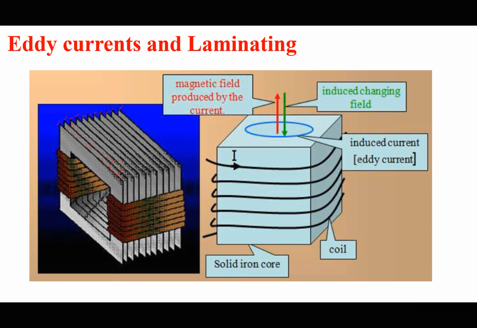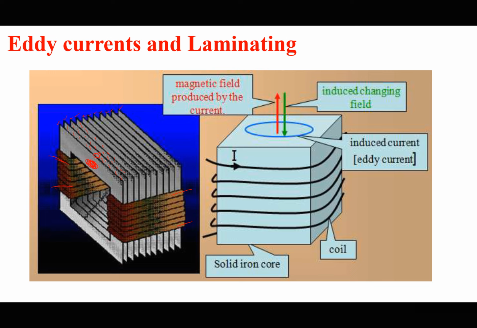Then we bind them together and put the primary and the secondary coils on them, so that if eddy currents grow on this first strip, they don't add on to the eddy currents on the neighboring strip, and the process continues, so that the heating effect due to a build up of eddy currents is minimized.